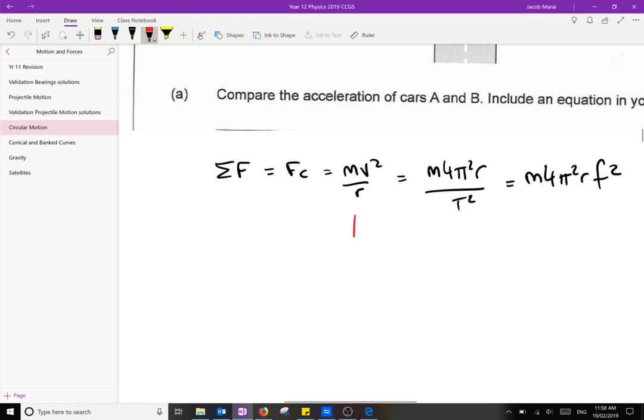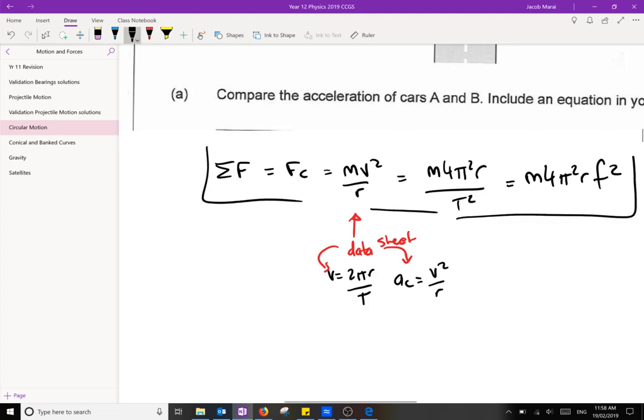Please recall, this is in the datasheet, as is v equals 2 pi r on t, as is a centripetal equals v squared on r. Those are the only three equations that you have. So just remember, all the other equations need to be derived from the other, v equals 2 pi r on t, and frequency being the inverse of the period.